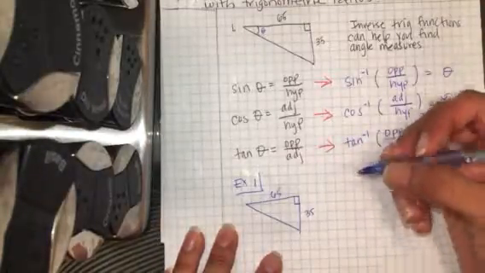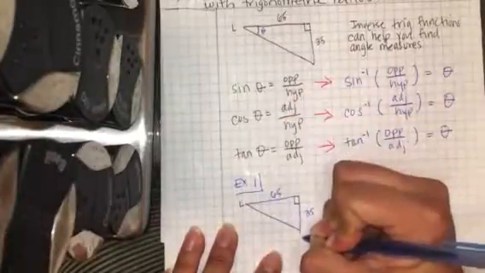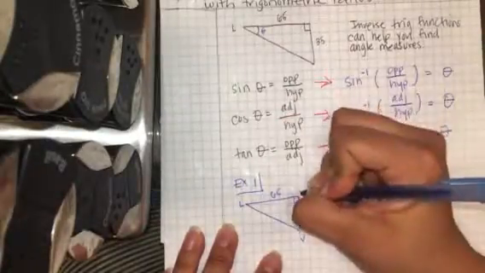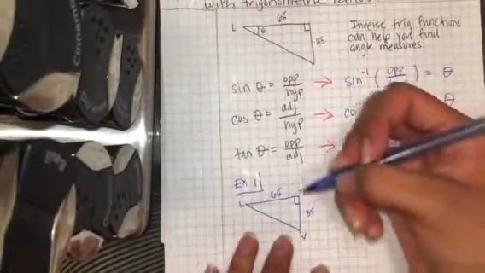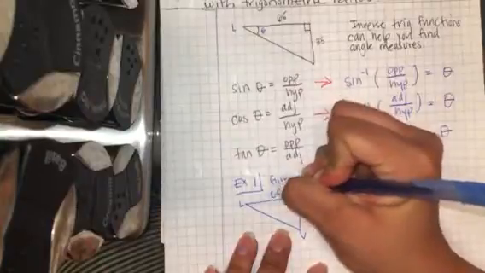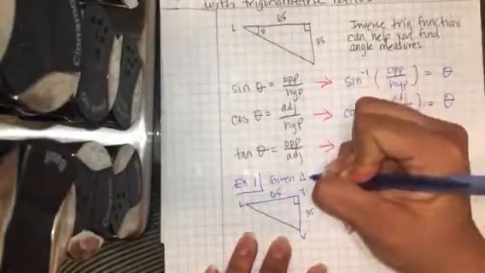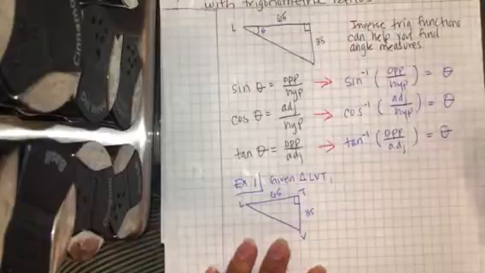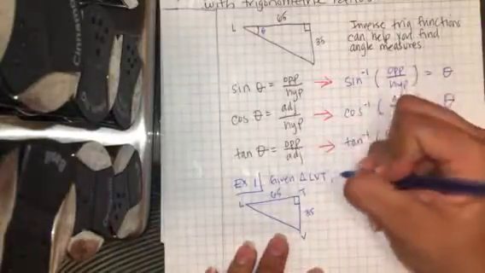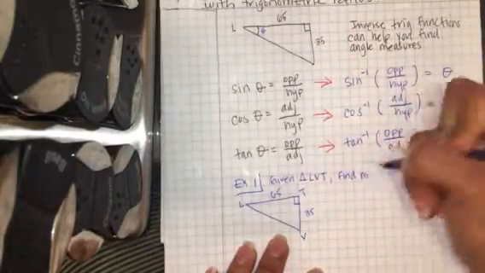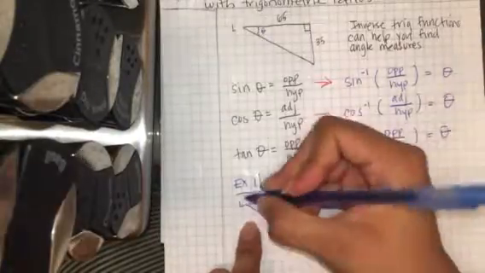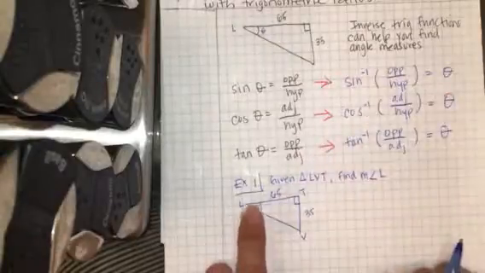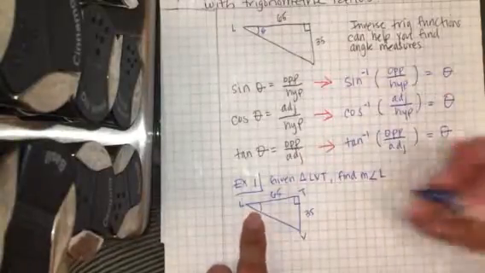Just so that we have a name, I'm going to call this L, V, T. Say that I'm asking you, given triangle LVT, I want you to find the measure of angle L. In other words, I'm trying to figure out what this angle right here is.